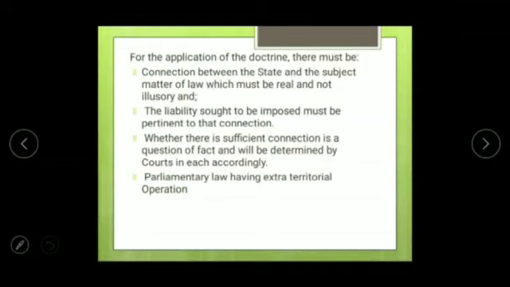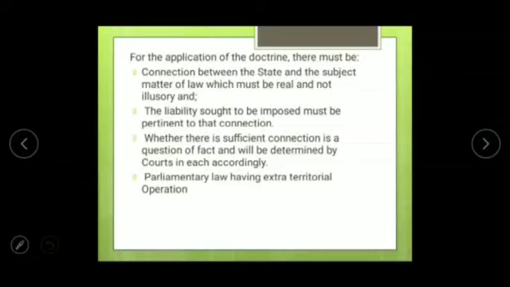Again, obviously this has to be determined in the court case to case, as it is a question of fact whether there is a sufficient connection, whether there is a nexus, and it has to be determined by the court. Then parliamentary law having extraterritorial operation.